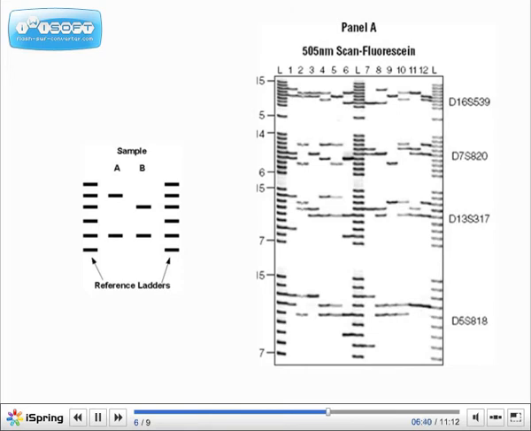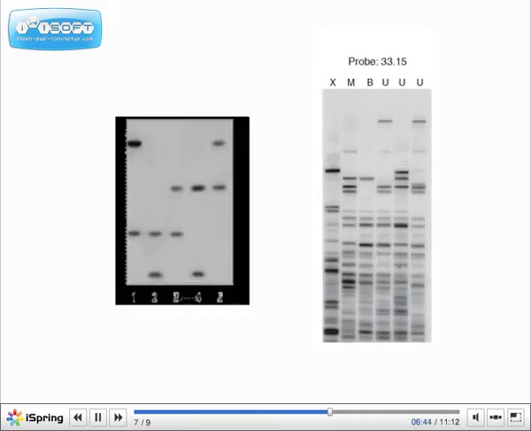Every lane on the gel to the left has one or two PCR amplified fragments instead of the complex ladder of DNA fragments obtained with a multi-locus probe as illustrated on the gel to the right.